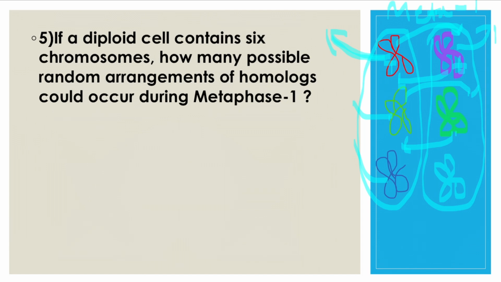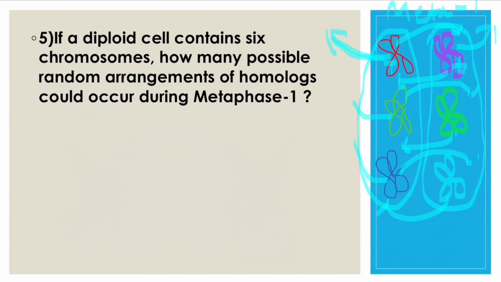Homologous chromosomes are free to change their position at metaphase 1, so they can have more varieties. And this blue can come here and this blue can go there. So originally we have one situation, then we can have 3 more situations where these chromosomes can arrange themselves.